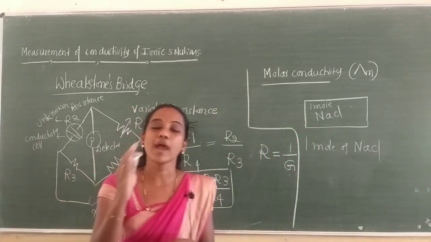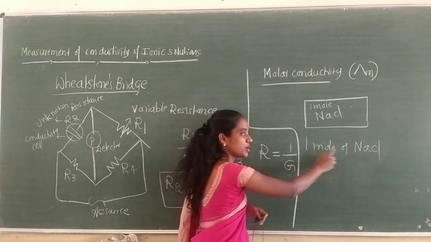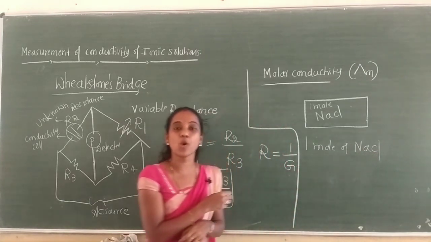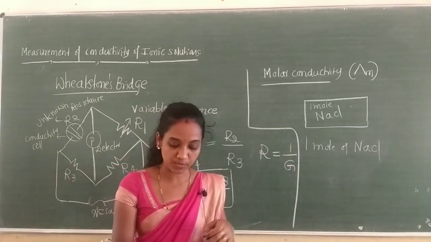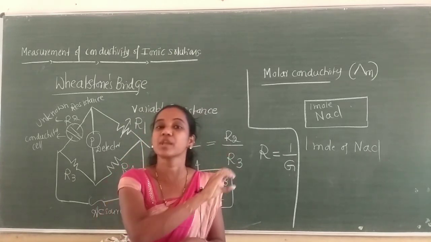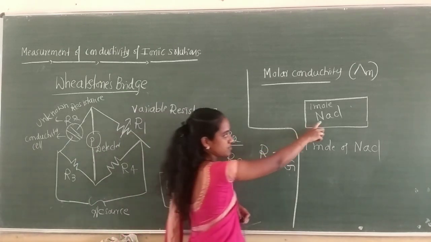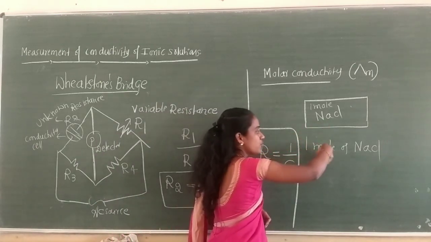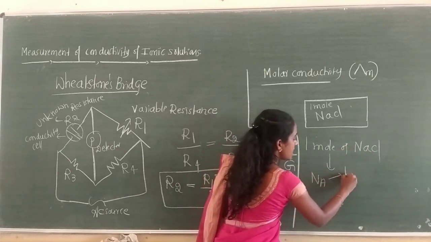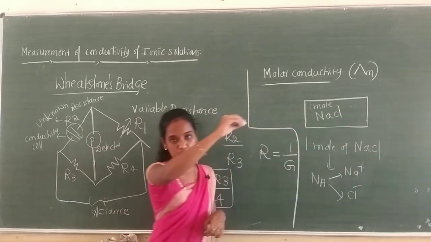We know that 1 mole of sodium chloride contains Avogadro number, that is 6.023 into 10 to the power 23, of Na plus ions as well as the same number of chloride ions. So 1 mole of sodium chloride produces Avogadro number of Na plus ions as well as Avogadro number of chloride ions.